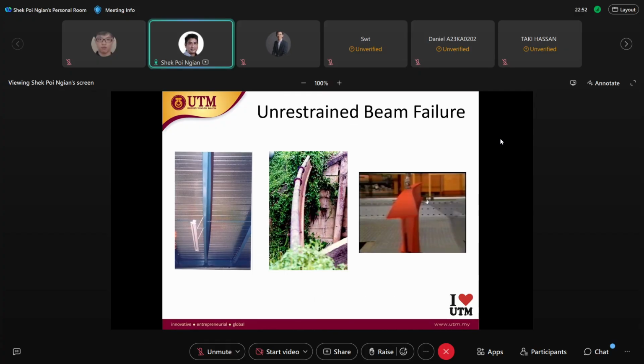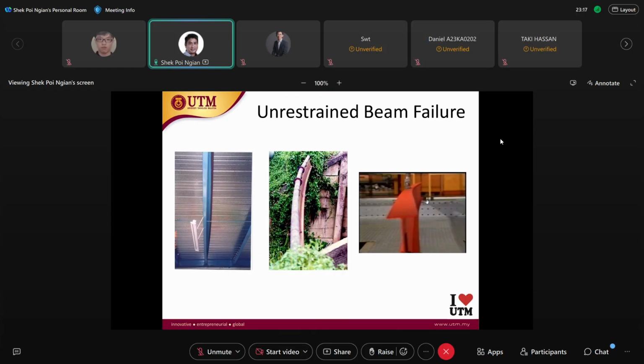Okay, so these are the cases for unrestrained beam when subject to loading. You can see from these three pictures, all the beams twisted.